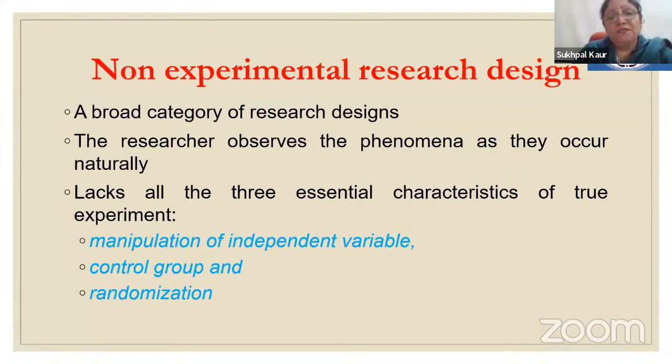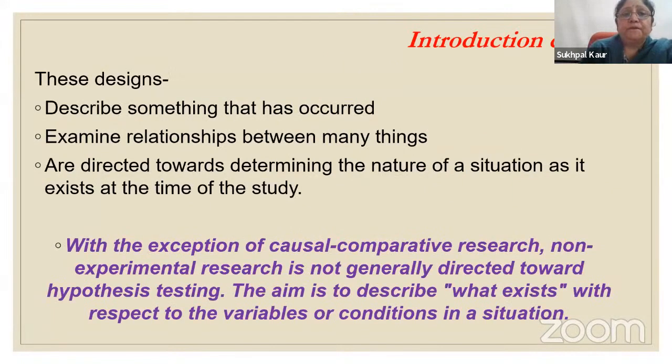So once it is not possible for us to manipulate the independent variable, it's not possible to have a control group in a research study, and it is not possible to go for randomization, we have to select the non-experimental research design. These designs describe something that has occurred as such. But we can always examine the relationship between many variables. We have a number of non-experimental research designs.